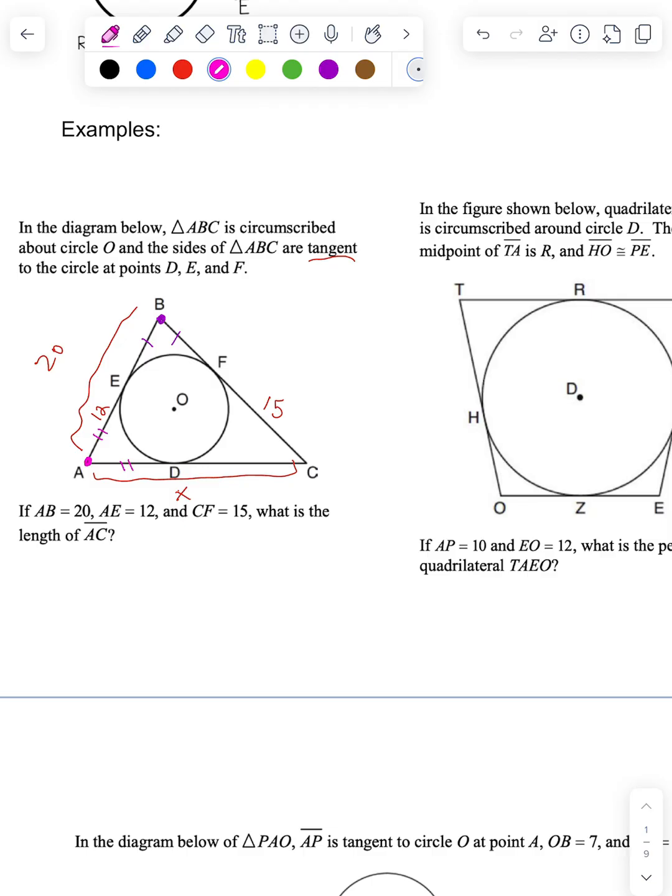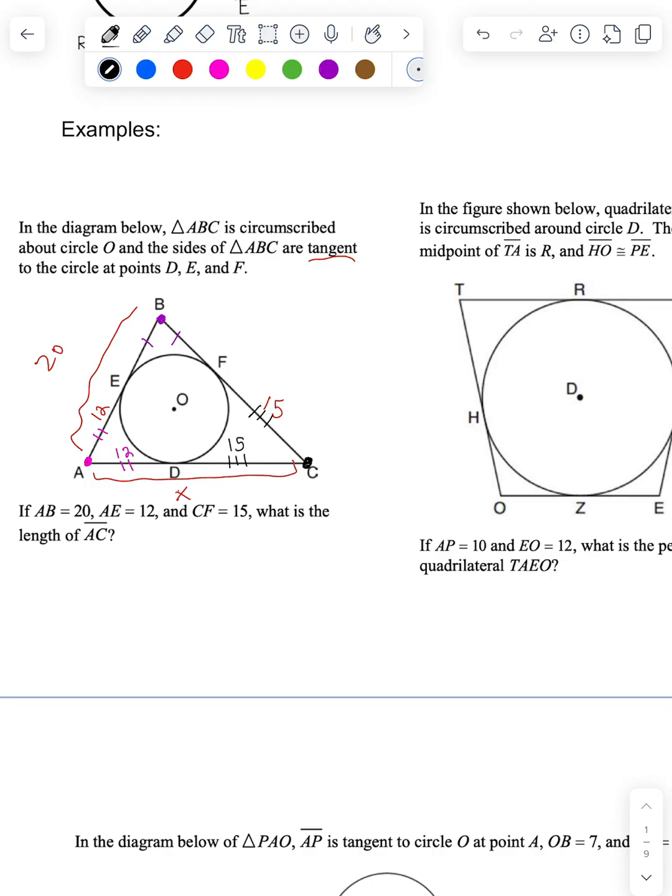Remember, two tangents drawn to the same circle from the same outside point are congruent. So if one of them is 12, then the other segment length is 12 as well. From this outside point C, we have DC and FC drawn, so those tangents are congruent to each other. So if one of them is 15, the other one is 15 as well.